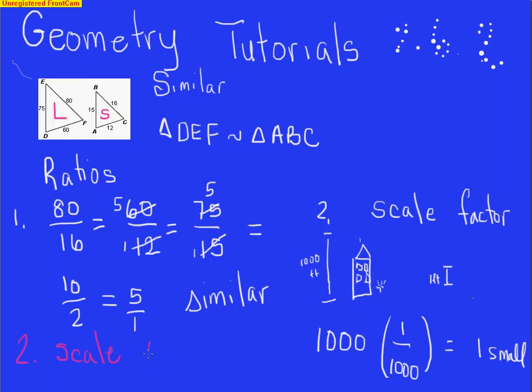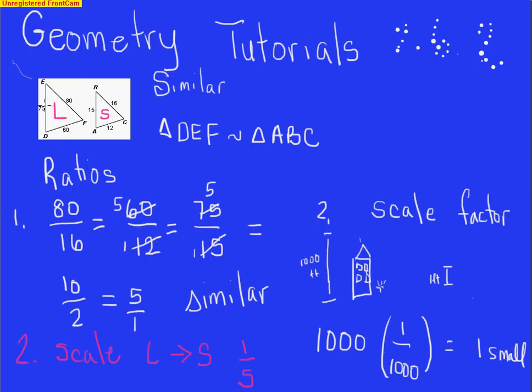When I'm going from large to small, my scale factor is going to be a fraction where the numerator is smaller than the denominator. So my scale factor actually is going to be 1 over 5 because we're going large to small.